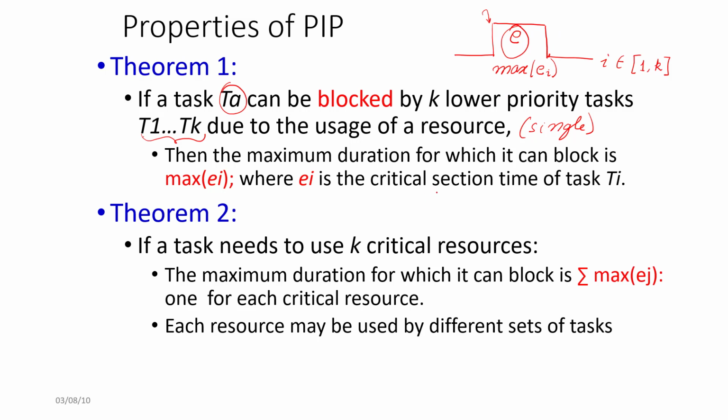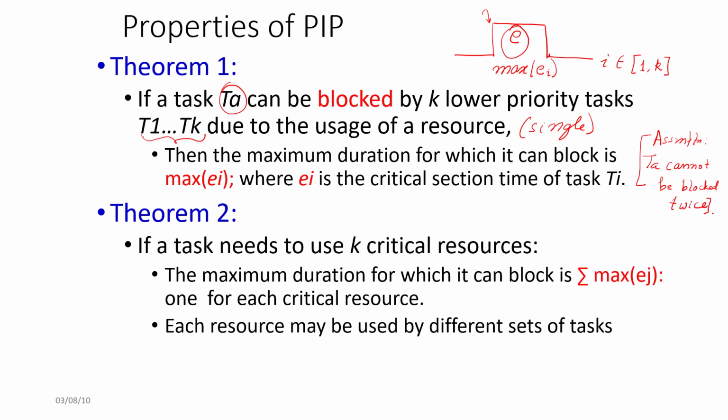So the key insight for this theorem is that, if we are only considering low priority tasks, TA cannot be blocked twice. That's the key, that's the crux.